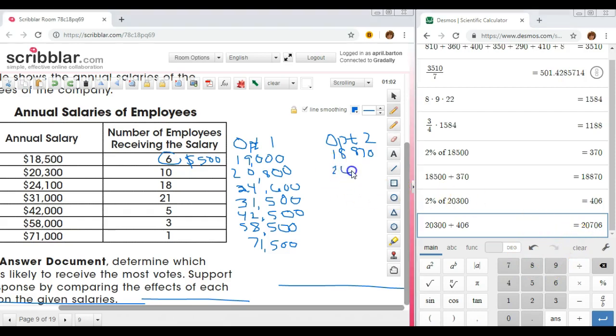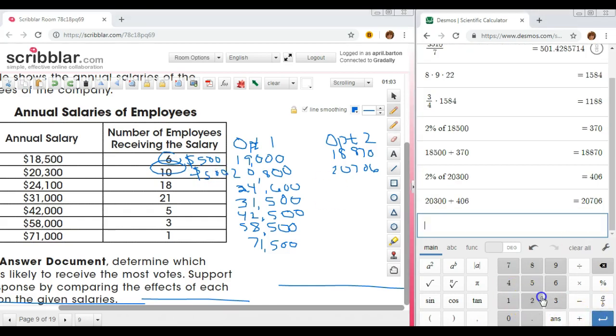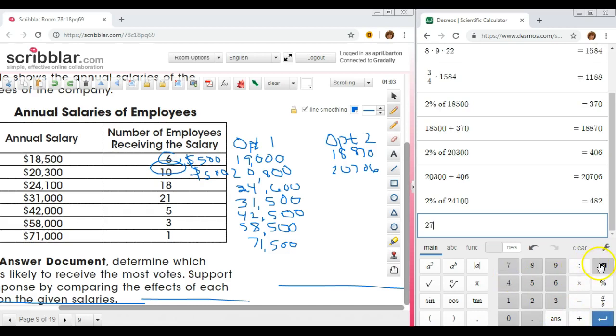So that gives us 20,706. So these 10 people would also want the $500 option. So now we have to do that again. We do 2% of the 24,100 is 482, and we add that to the 24,100 plus 482 is 24,582.